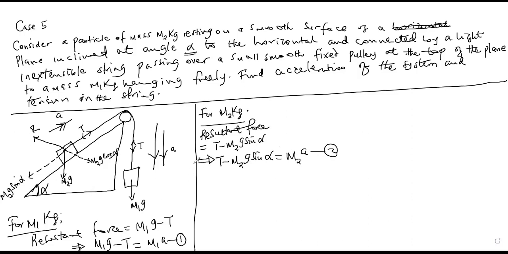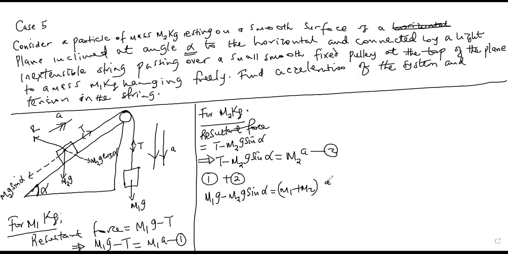Now, by adding 1 and 2, we are going to have T and T cancel because it will be minus T plus T. So we'll have m1g minus m2g sine alpha equals m1a plus m2a, which will be (m1 plus m2)a.